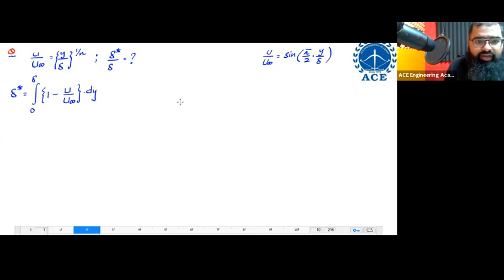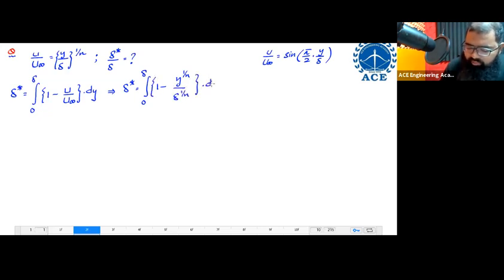This is the formula we are having, which implies delta star is equal to integral 0 to delta of 1 minus, in place of u upon u infinity, I can write y power 1 by n upon delta power 1 by n, into dy.